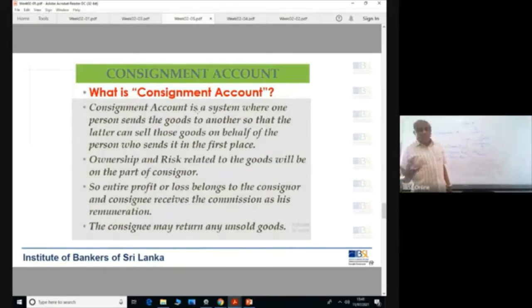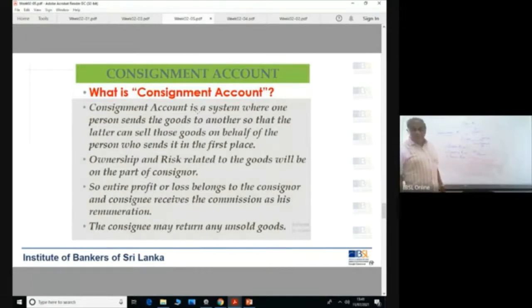Now, in a scenario like that, can somebody tell me who owns the goods? In open account, when the seller sends the goods to the buyer, when the buyer goes to the customs and gets the goods cleared, then the ownership is with the buyer.